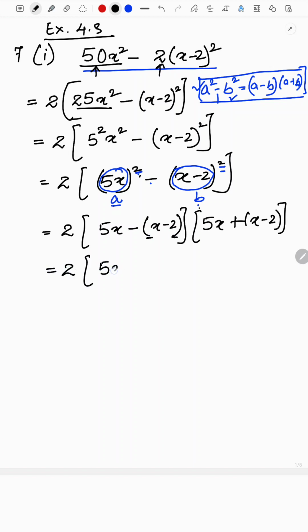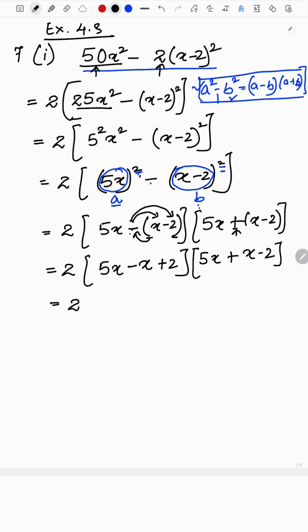So I'll have 5x. Now since in front of the bracket we have minus, so this minus will be multiplied to both the numbers that I have within the bracket. So minus into x will give me minus x, minus into minus 2 will give me plus 2. Bracket close. The other bracket I have here 5x, here I have plus. So when I remove the bracket, the contents within the bracket remain same, because I have plus in front of the bracket.